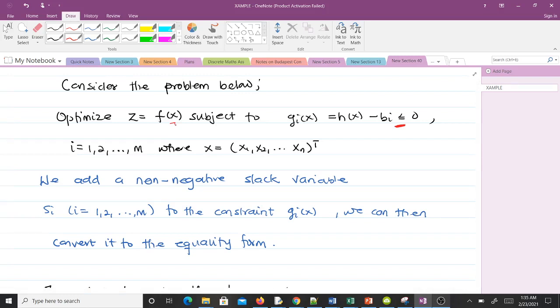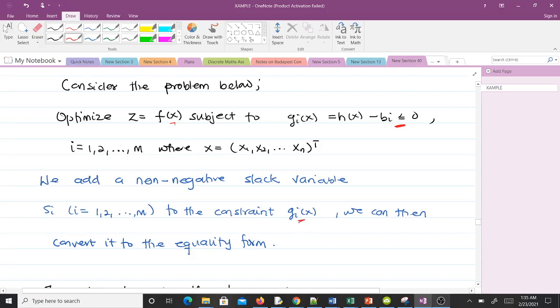So when we have a problem of this form, we try to convert the inequality constraint to the equality constraint because we know the methods that we can use to solve it when we have equality constraints. So we try to do that conversion. What we do is add a non-negative slack variable s_i to the constraint g_i of x.